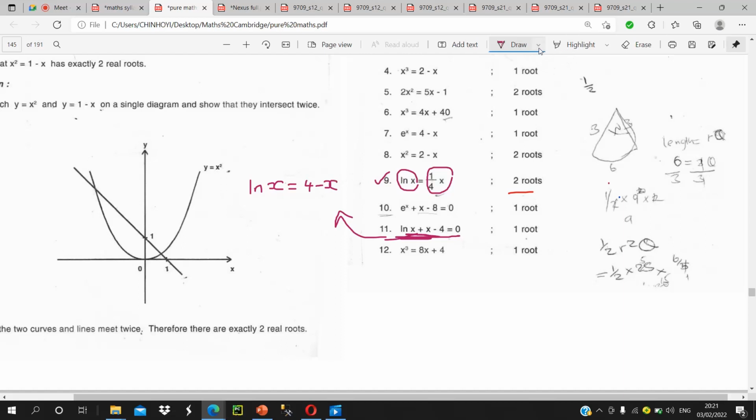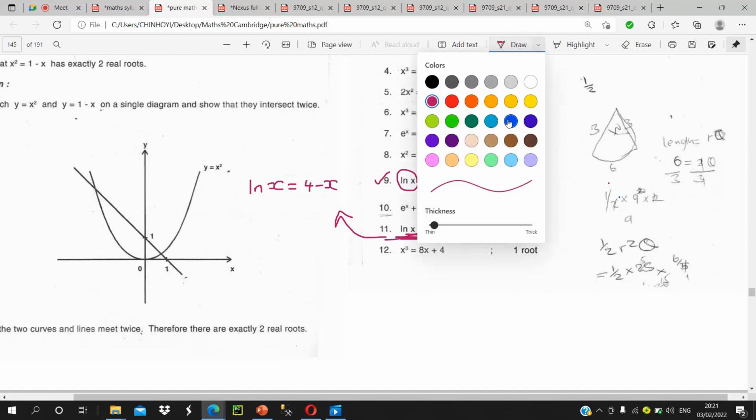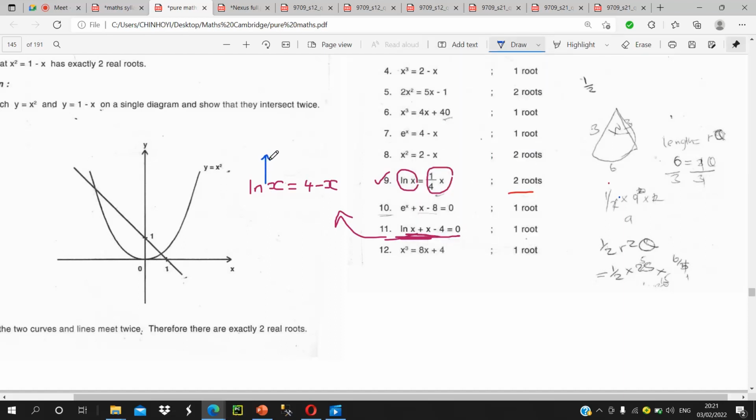So we are going to draw the graph of y equals ln x. And here it's not a standard graph, but it's just a simple line graph from O level. The graph of y equals 4 minus x, right?